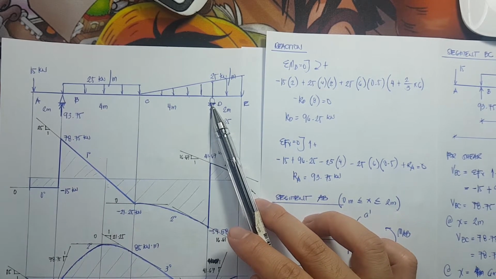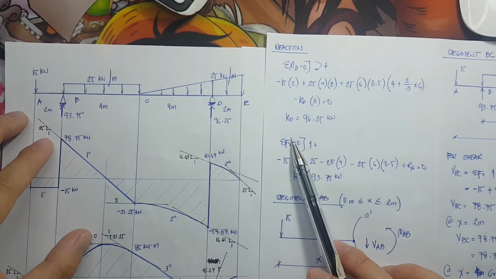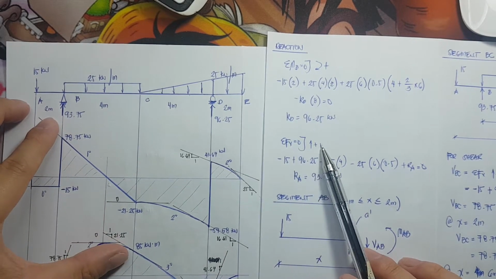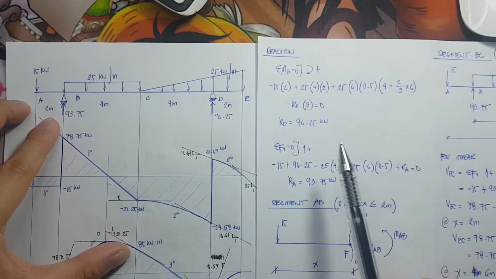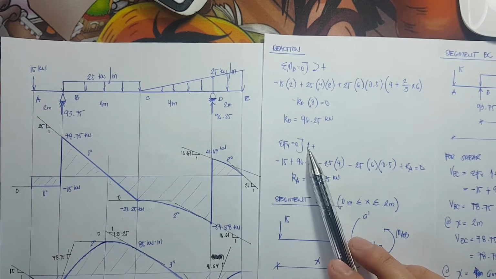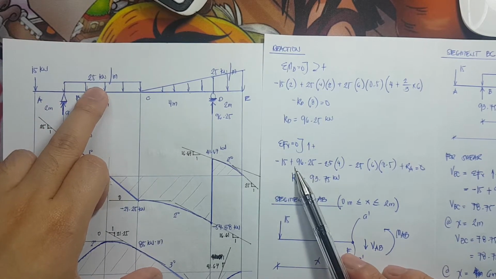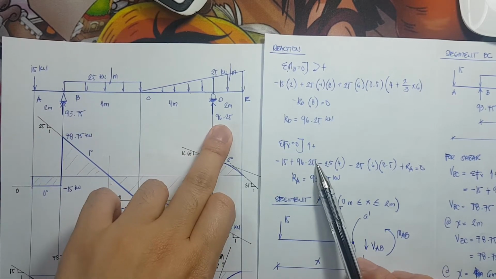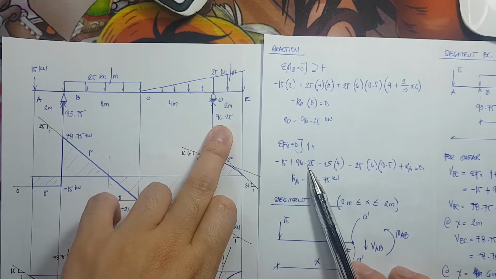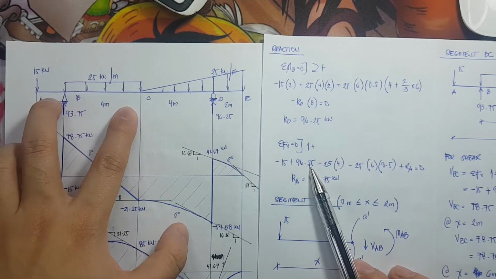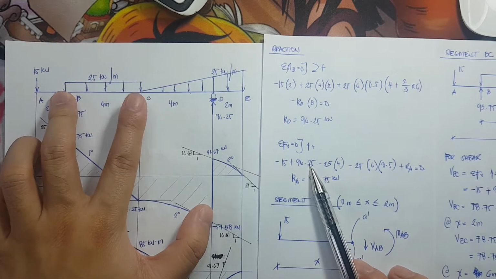But it would be a lot easier if we're going to use the summation of forces vertical. So summation of forces vertical, or for all forces that are pointing upward, should be positive. So what are those forces? So we have negative 15 plus 96.25 minus the load of 25 kilonewton per meter times the span of 4 meters.